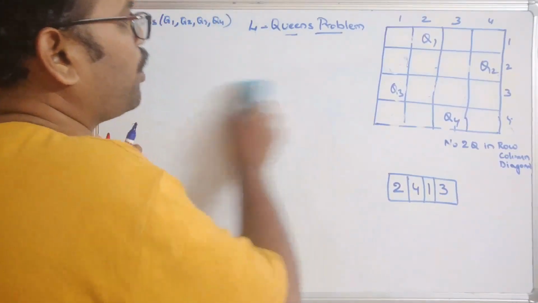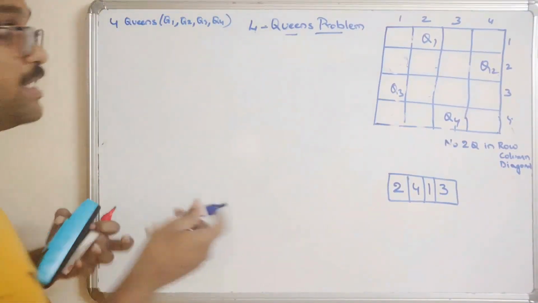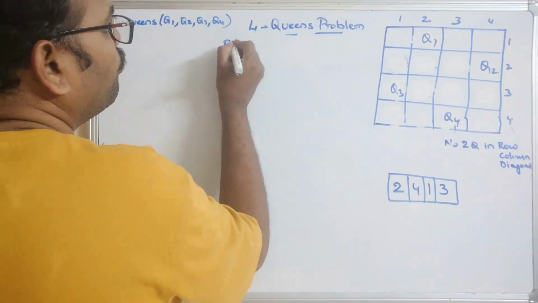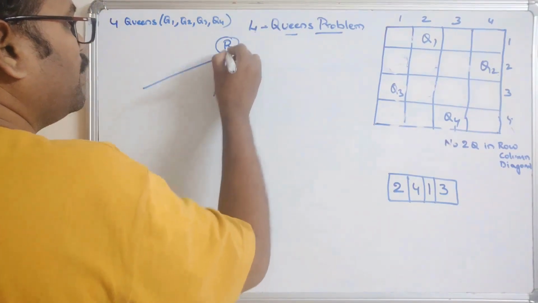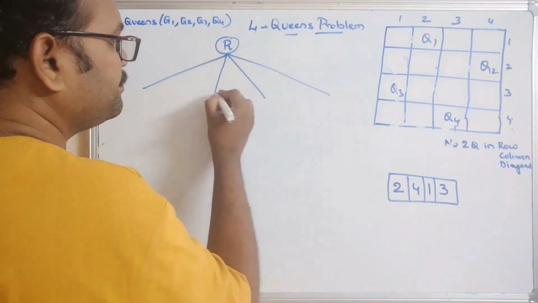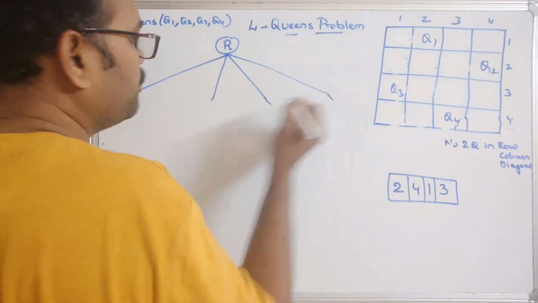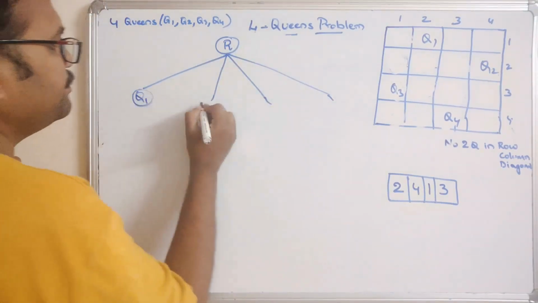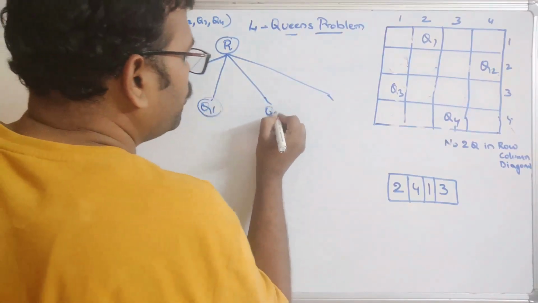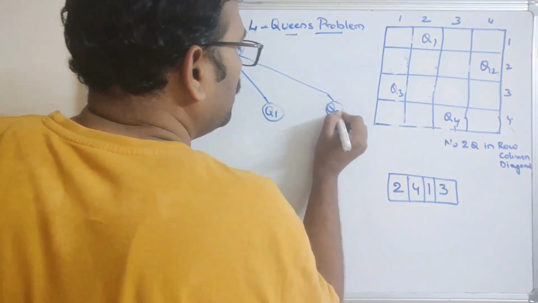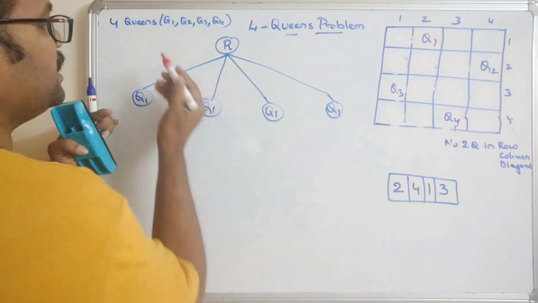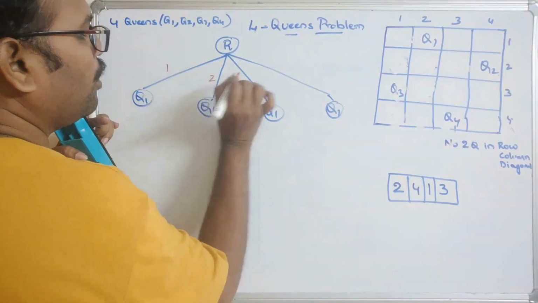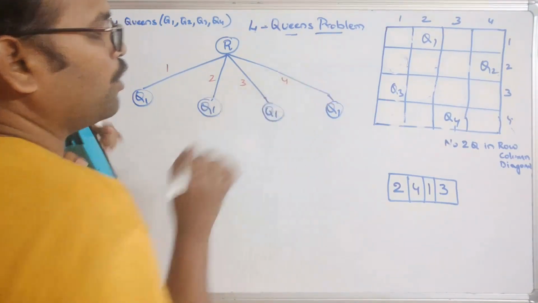For example, if you draw the state space tree for this one, see, one is a root. From this root, there are 4 possibilities. The first level is Q1, placing of Q1. So Q1 can be placed in the first column, second column, third column, and 4th column.